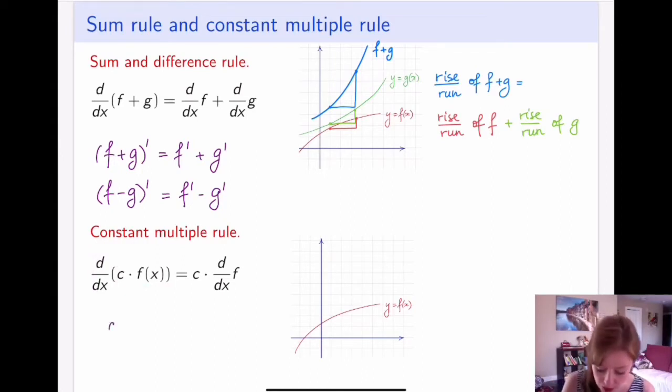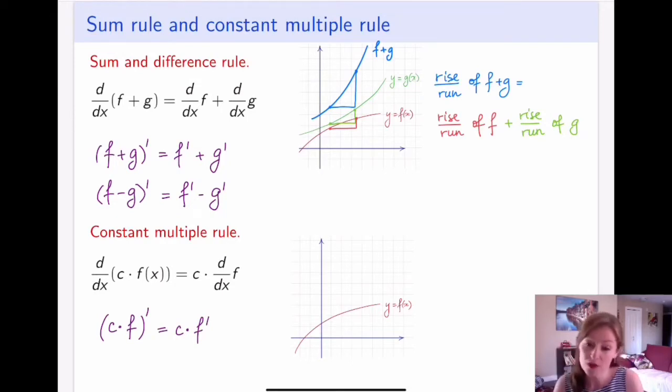Okay? So again, writing this in the prime notation, I will say that (c times f) prime, I can take the constant c out and take a derivative of f only. And again, motivating this graphically just means that if I were to construct a graph here of, let's say, 2x, right? Nothing really happens to x's, but, so let's say this is going to be about 3. So this is approximately 2f of x.